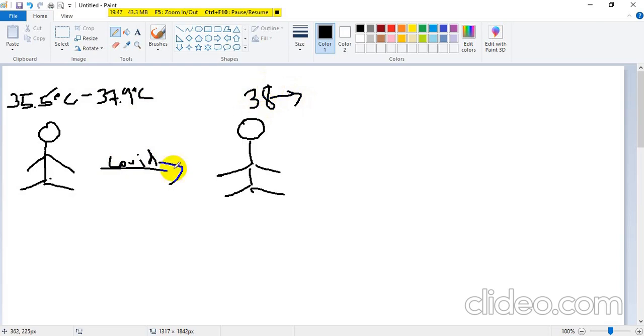Meaning that some of the enzymes in your body are going to be affected. They will start burning, they will start dying.